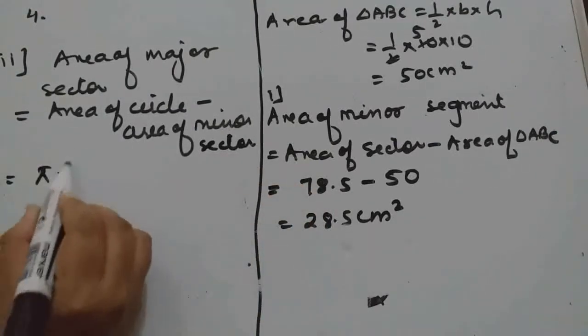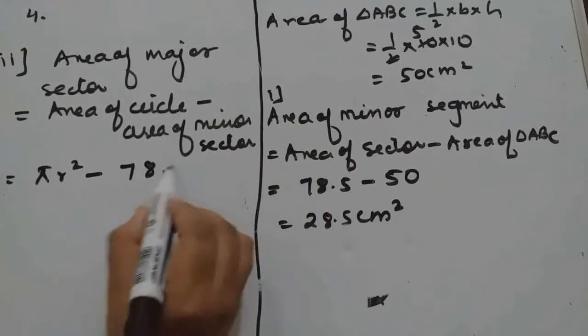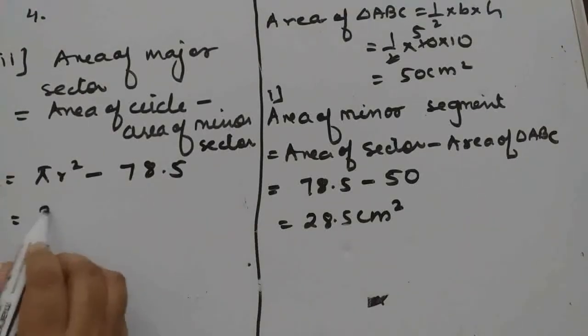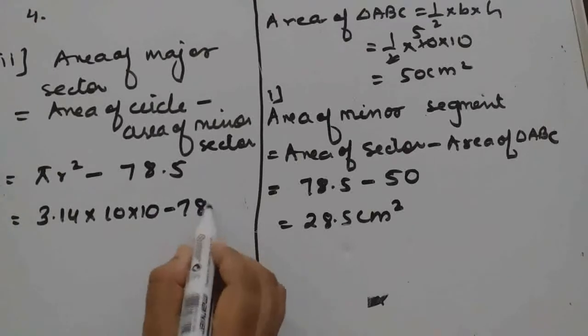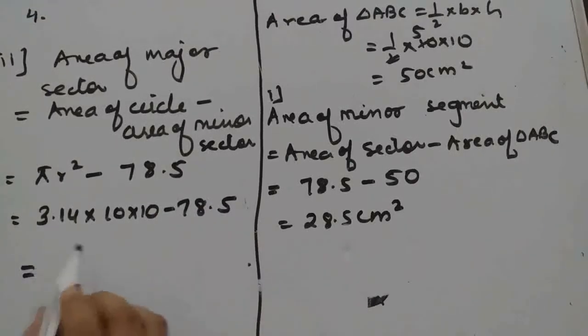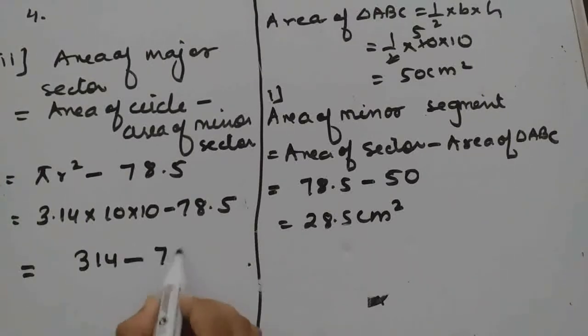So pi r square minus area of minor sector is 78.5. So pi is 3.14, 10 into 10 minus 78.5. So again two decimal will shift. So 314 minus 78.5. So answer will be 5.